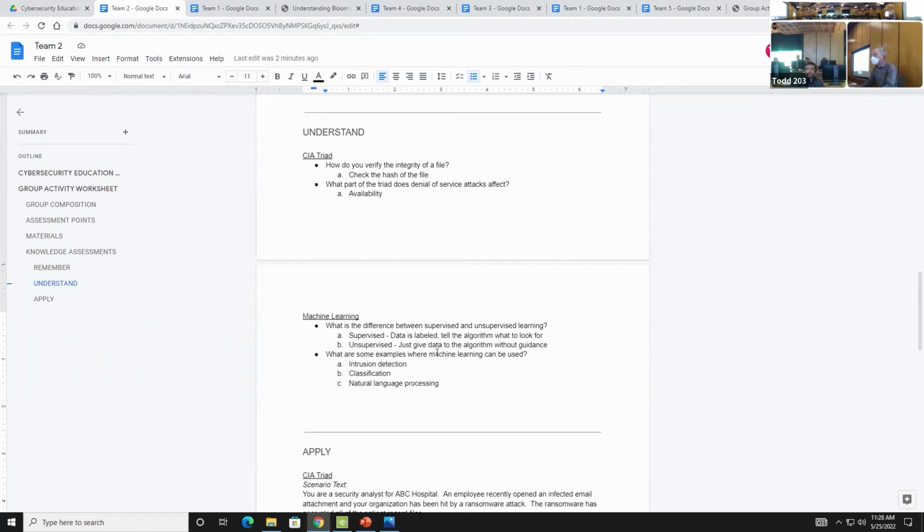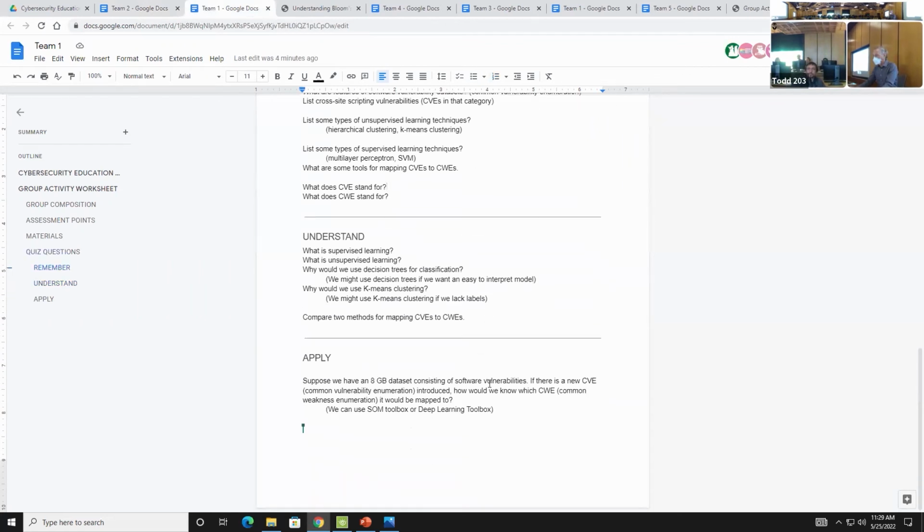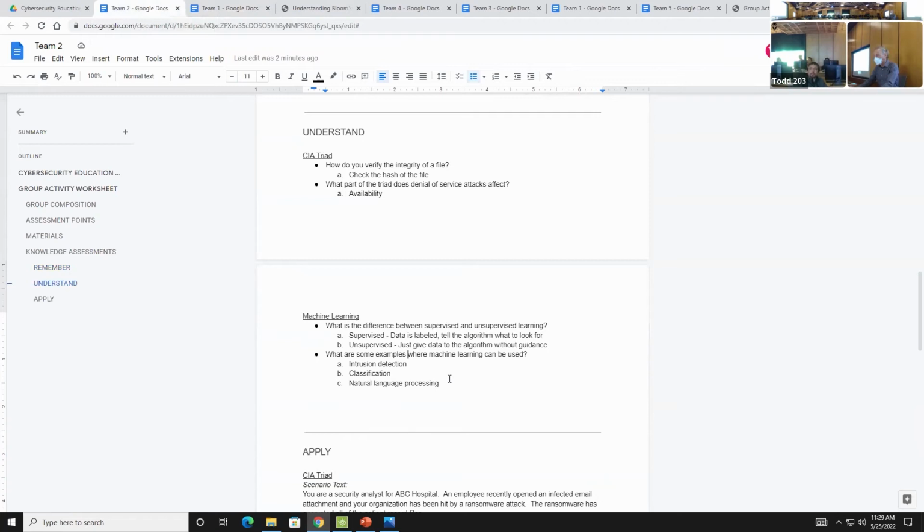So intrusion detection, if you look back at team 1, they were classifying intrusions. Is that one of them?